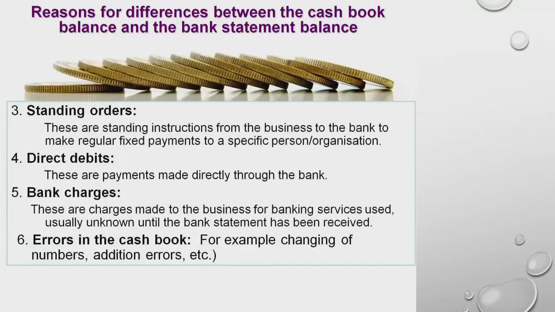Standing order. Sometimes there are standing instructions from the business to the bank to make regular fixed payments to a specific person or organization. Let's say, for example, your business has an amount of money that it pays on a monthly basis, and you don't like to be going to the bank every time to deposit.